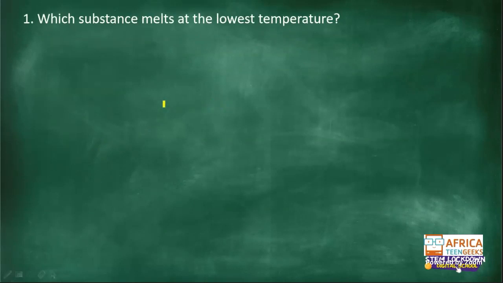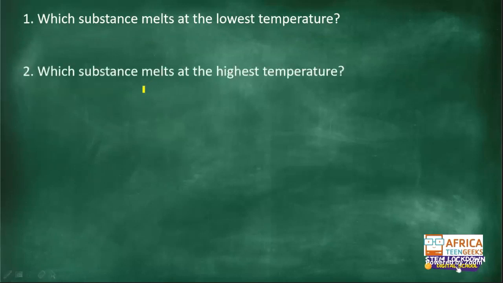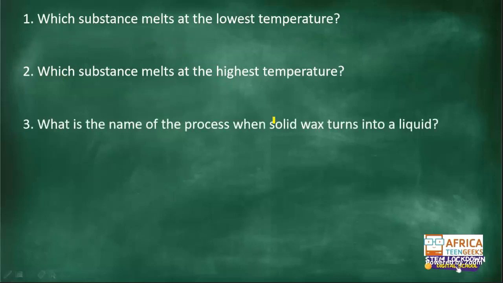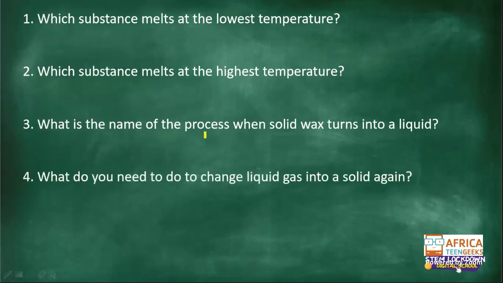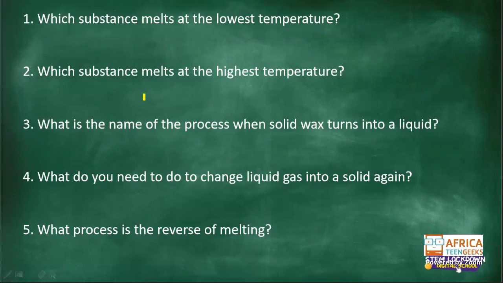Now, if we look at which substance melts at the lowest temperature, which substance melts at the highest temperature, what is the name of the process when solid wax turns into a liquid, and what do you need to do to change a liquid into a solid again? Let's get those answers. And then the last one, what process is the reverse of melting? Remember these questions because I will be asking them in Kahoot tomorrow.